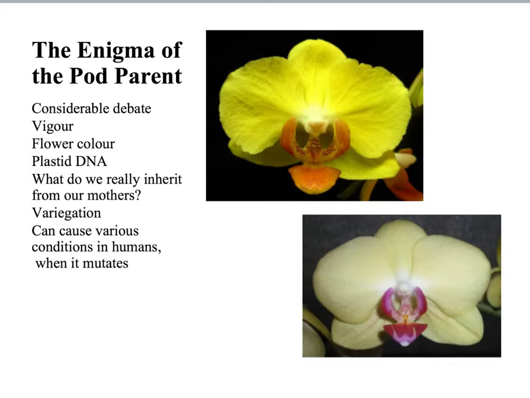Energy levels in something like a plant would be reasonably affected by things like the amount of chloroplasts and mitochondria. In this case, vigour would be affected by the mitochondria, and the yellow colour that we see in the two pictures that we've got here is affected by the chloroplast, because chloroplasts produce a yellow pigment in flowers like this.